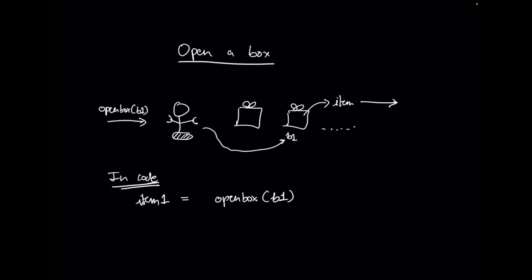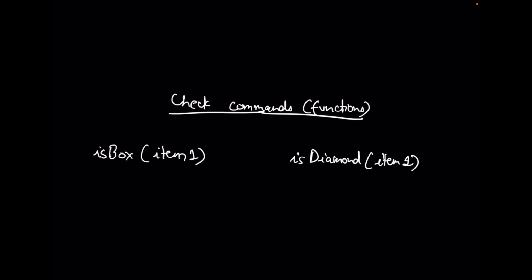Another few functions that this robot can do is it can check if an item is a box using this isBoxItem function, or if that item is a diamond using this isDiamondItem function. An important point to note here is that an item may only be a box or a diamond.